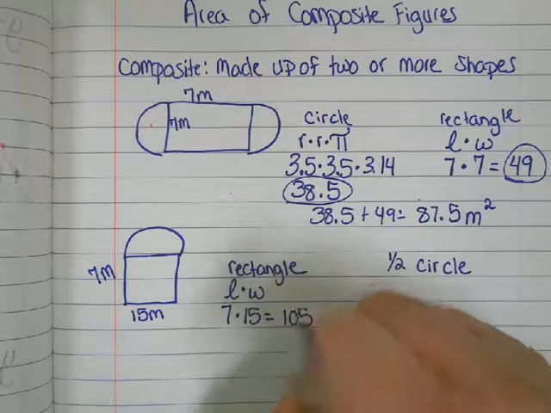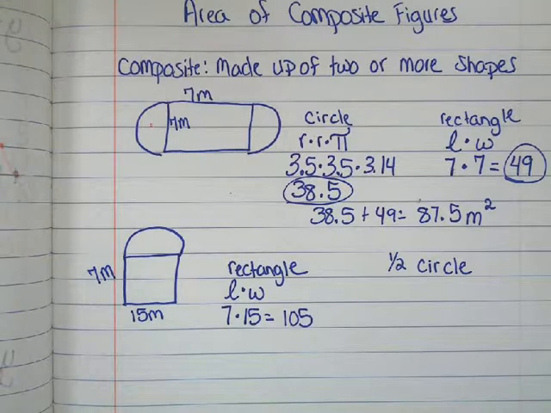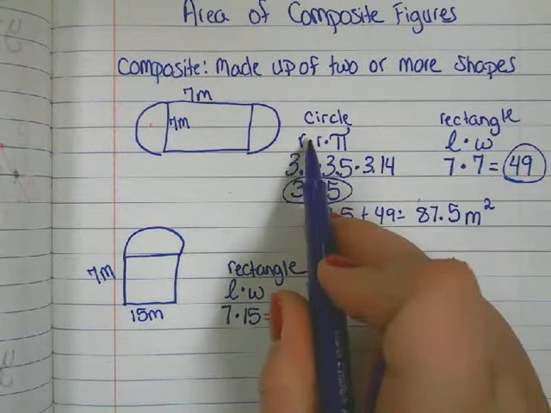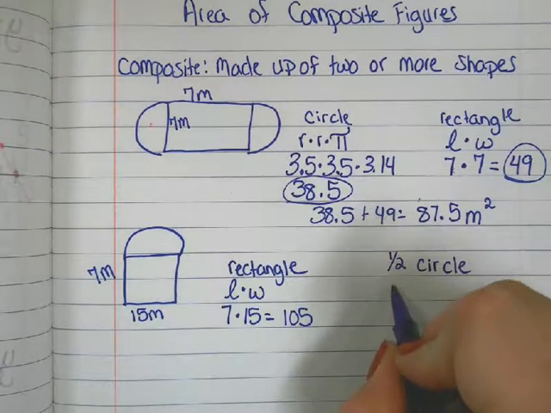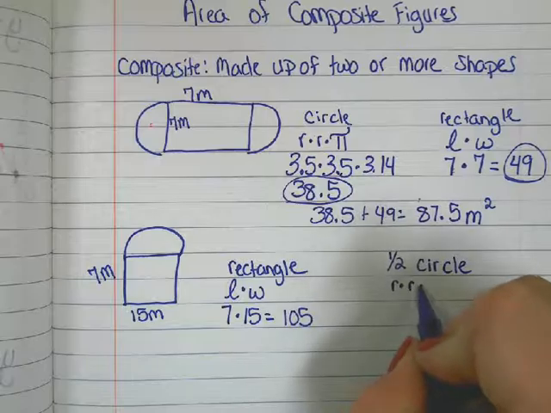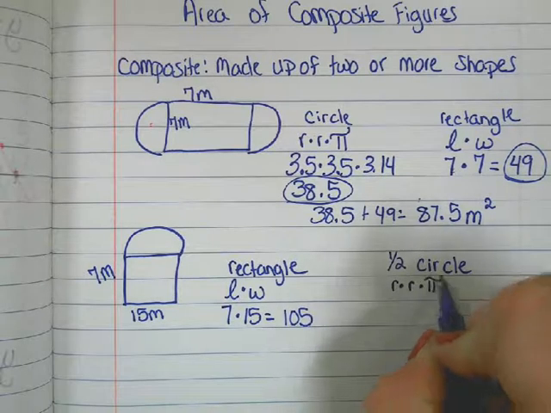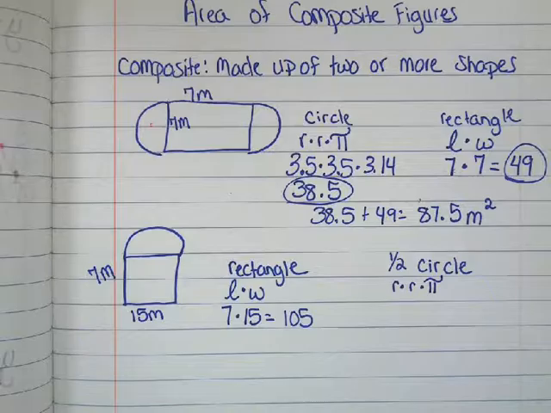Alright, for a circle, I have my formula up here, so I'm taking pi times radius squared, but I only need half of a circle. So how am I going to come up with that? This formula is going to give me the full circle. How do I find half of it?